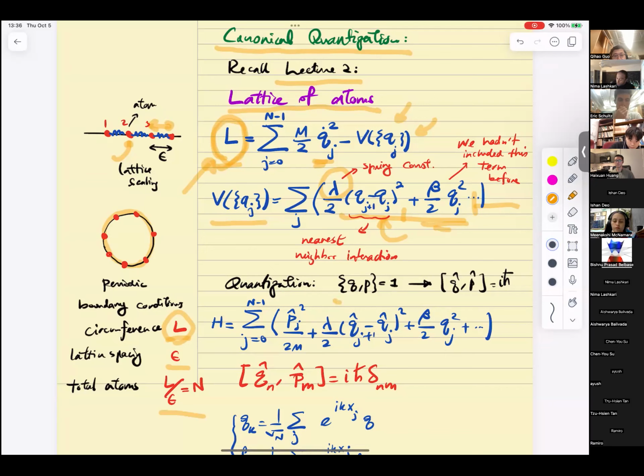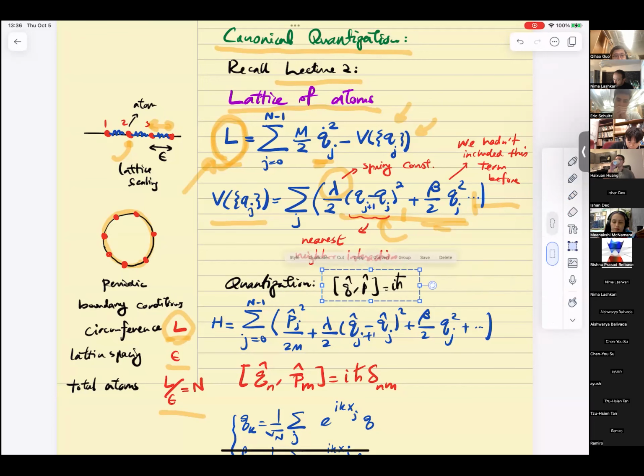All right, so in quantization, what we do is we promote q and p, the canonical conjugates, to operators, and we're going to impose the following commutation relation, i h bar.